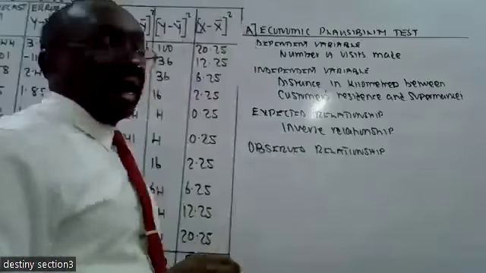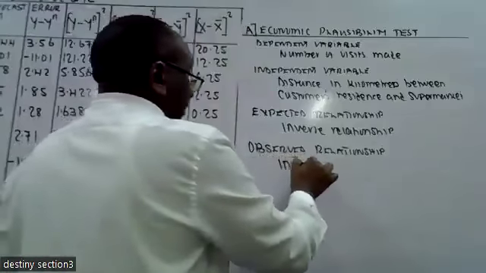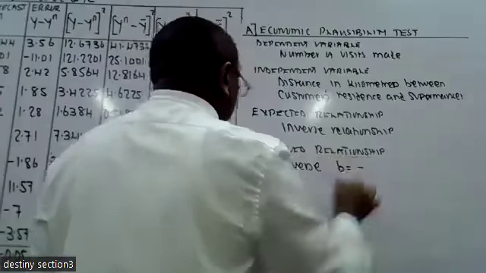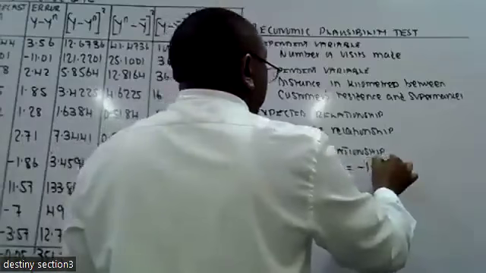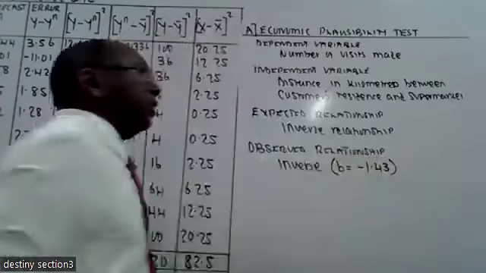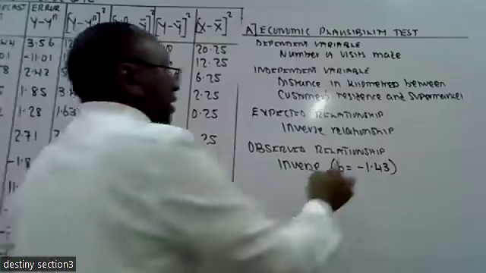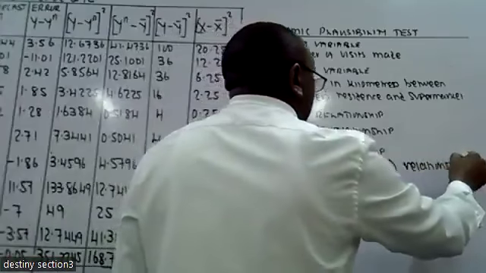So in this case, our observed relationship is also inverse, because we got B equal to negative 1.43.